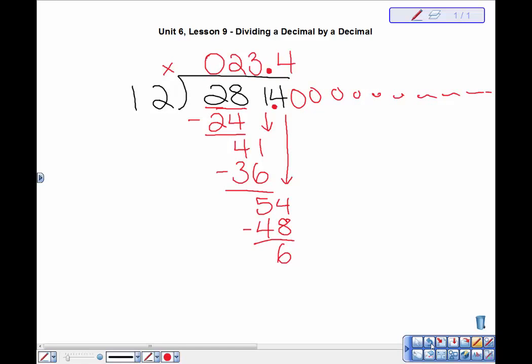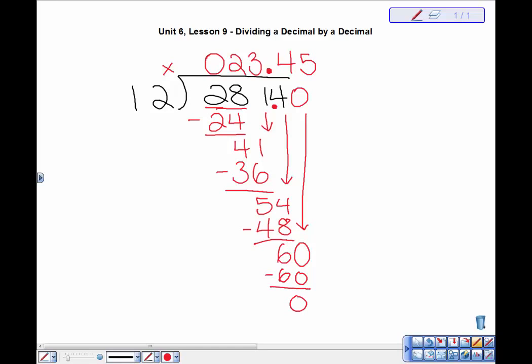So I'm going to take one of those invisible zeros and add it to the end of my 6, so that I now have a number that I can divide by 12. 60 divided by 12 happens to work out perfectly. It equals 5. And that leaves me with nothing left over. Once my remainder is 0, I'm done. So my answer is 23 and 45/100.